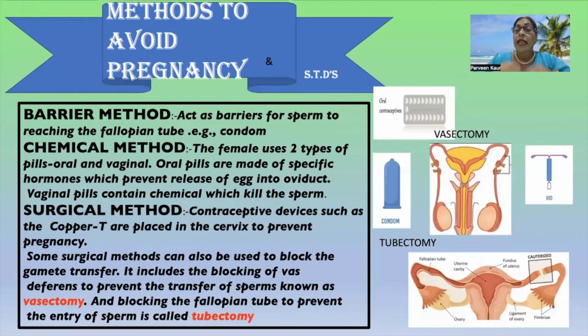When we tie a knot or cut a small piece of the vas deferens, that is called vasectomy, and whenever we block the area of the fallopian tube, that is called tubectomy. So in this way, these are the methods to avoid pregnancy.